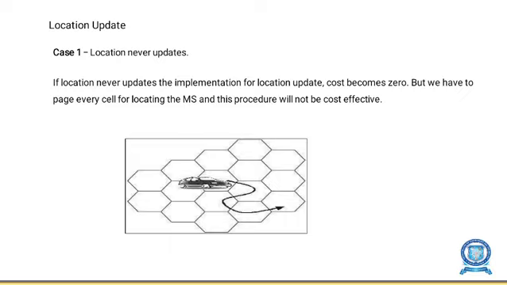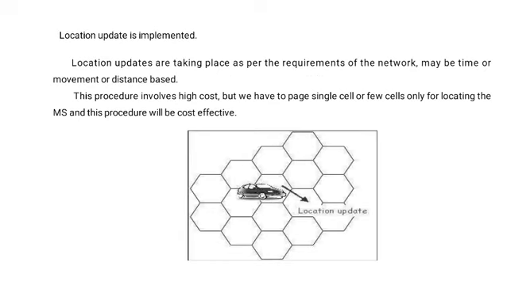But then you have to page every cell for locating the MS, and the procedure will not be cost effective. So that is what is shown in this figure, how this can be done and how the cost can be provided.